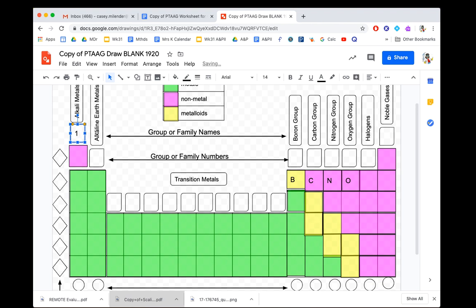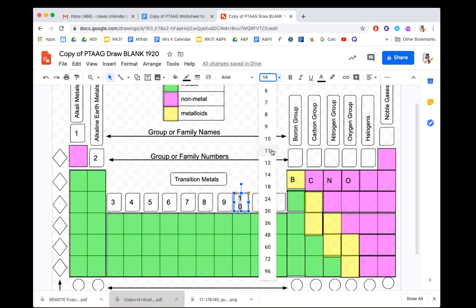So we can just go through these, and it's just numerical: 1, 2, 3, 4, 5, 6, 7, 8, 9, 10.